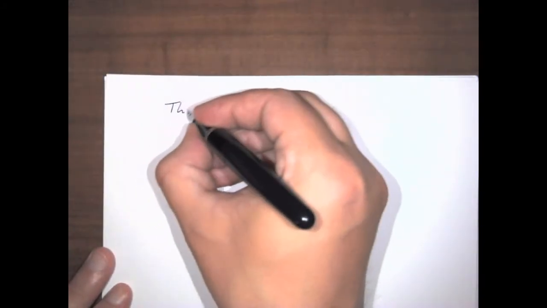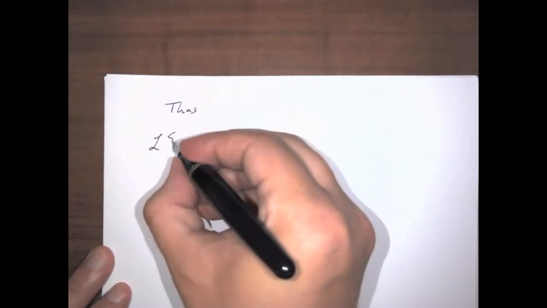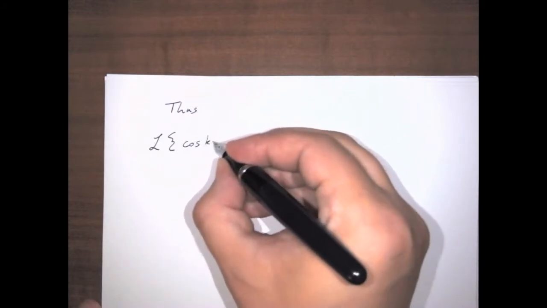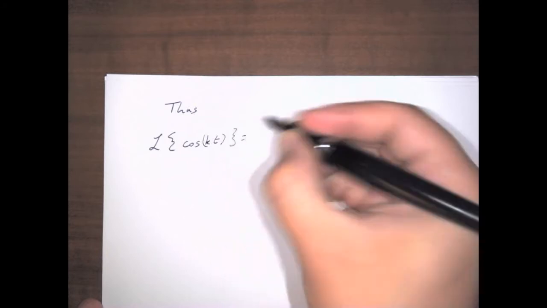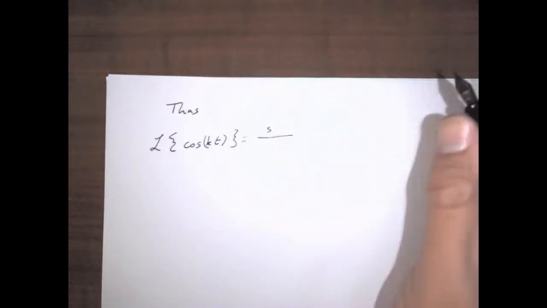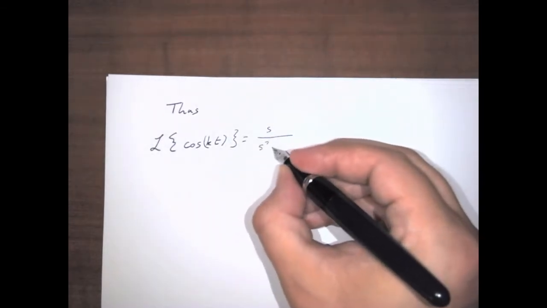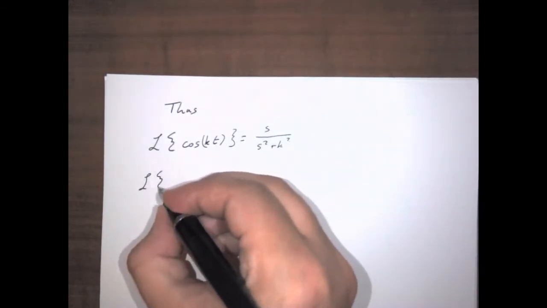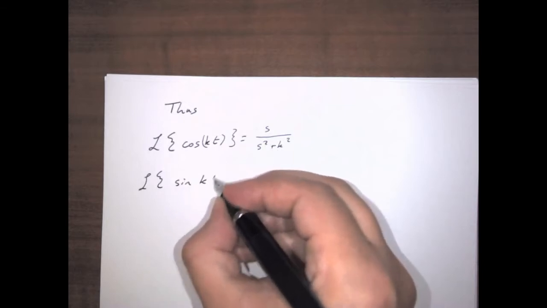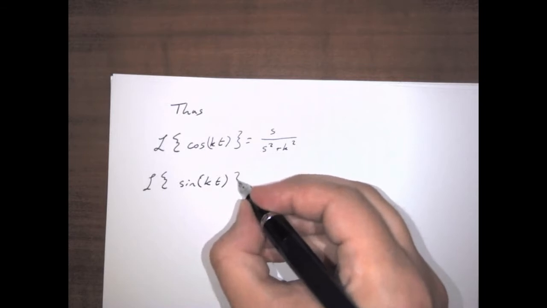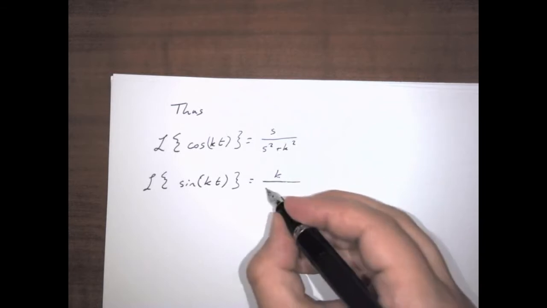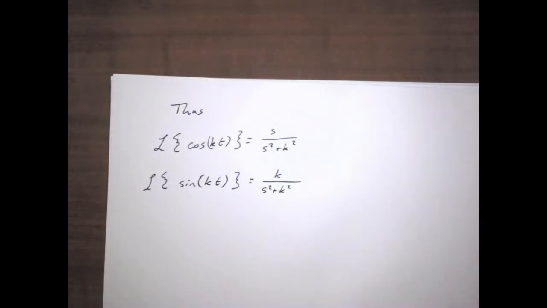And so if we collect the real parts and the imaginary parts, thus the Laplace transform of cosine of kt will be equal to s over s squared plus k squared, and the Laplace transform of sine kt will be equal to k over s squared plus k squared.